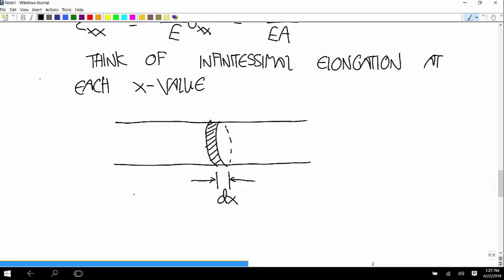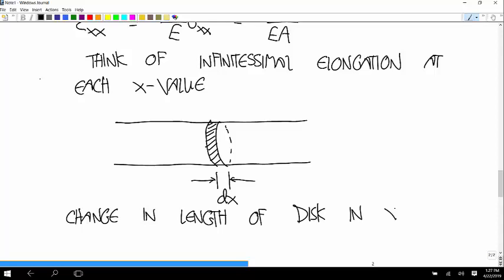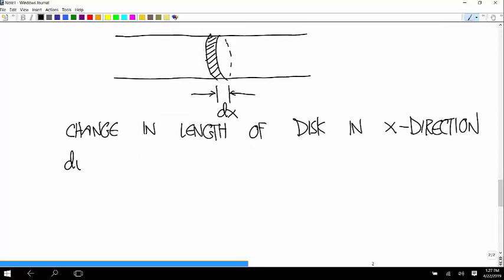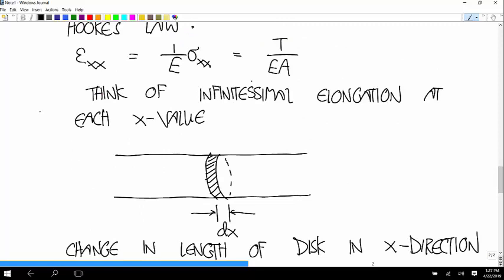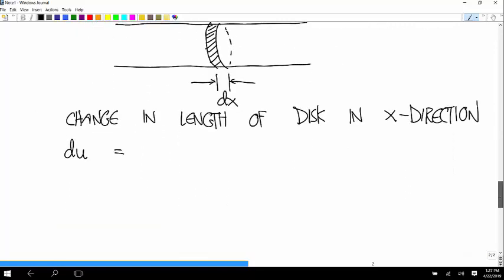The change in length of that disk in the X direction is du, and that's equal to the strain that we just calculated times that distance dx.